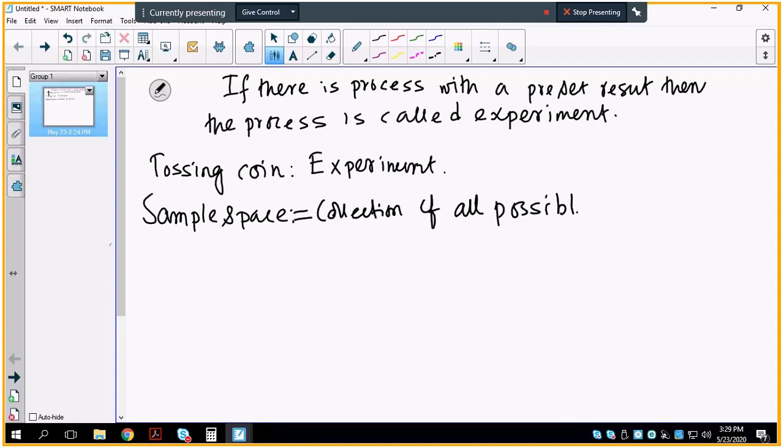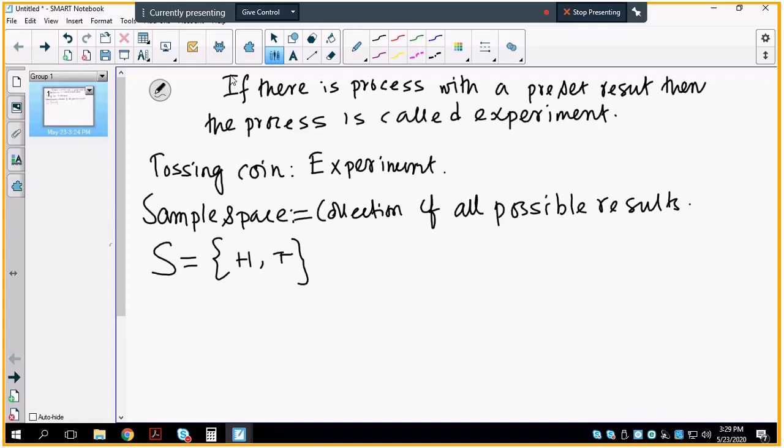For us, this collection is going to be either seeing head or tail. I will write these two possible results, H and T, head and tail, in curly braces. And that's the way you will write a sample space. Generally, we will use the letter S to mean the sample space.